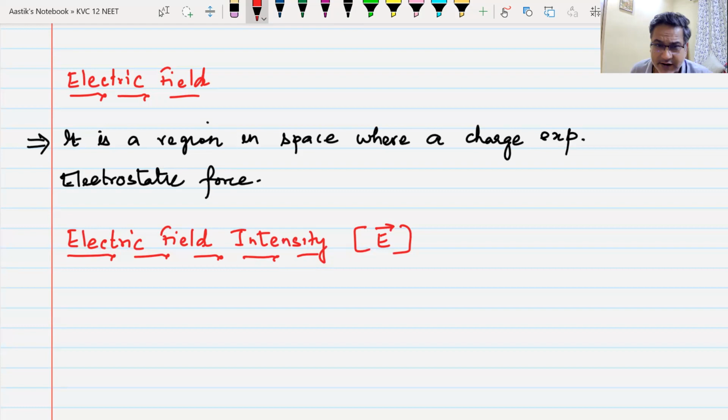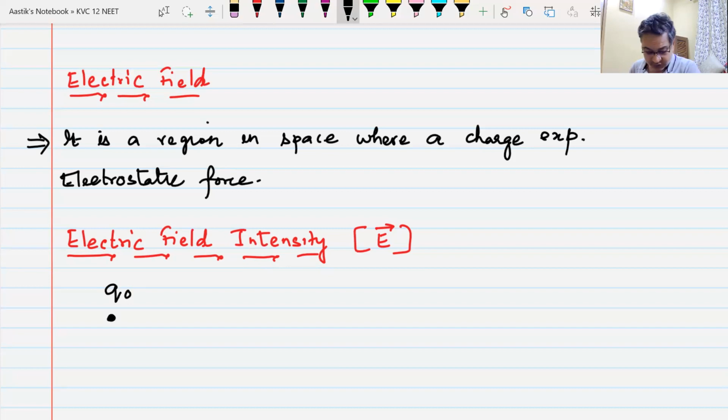How will you find out the value of electric field or the electric field intensity at any point in space? So you do what? You place a very small charge. We call it the test charge.